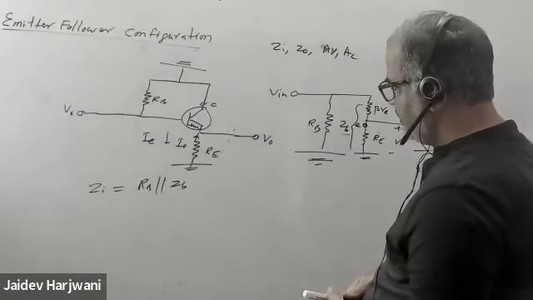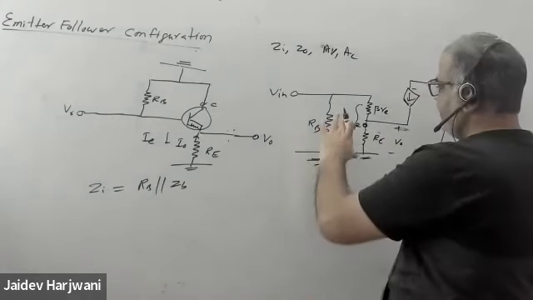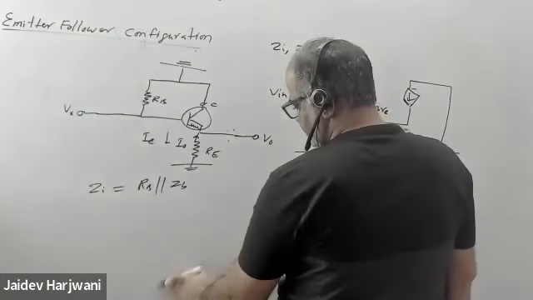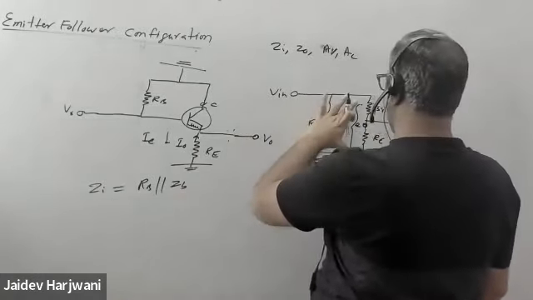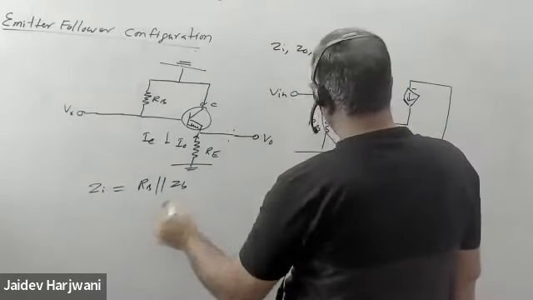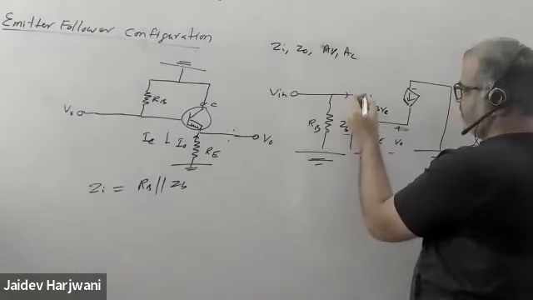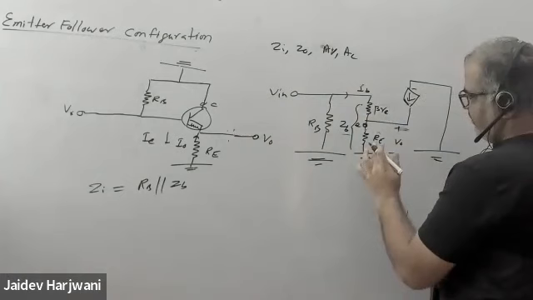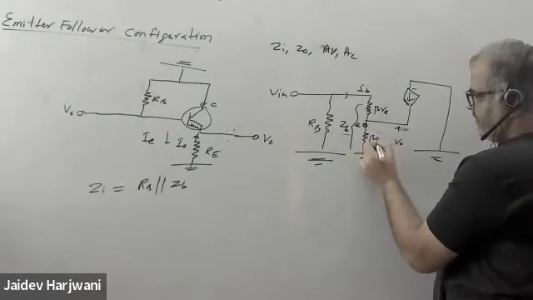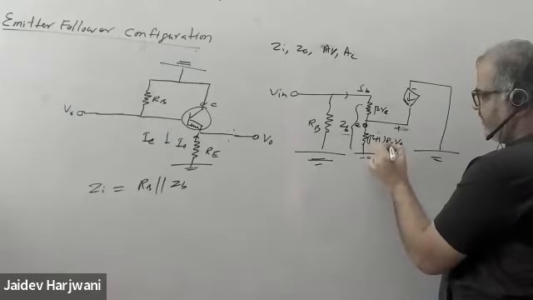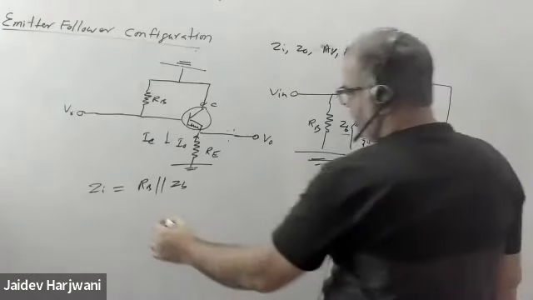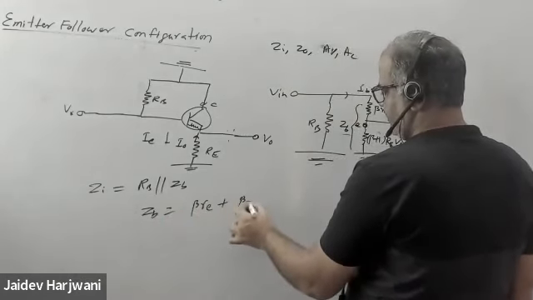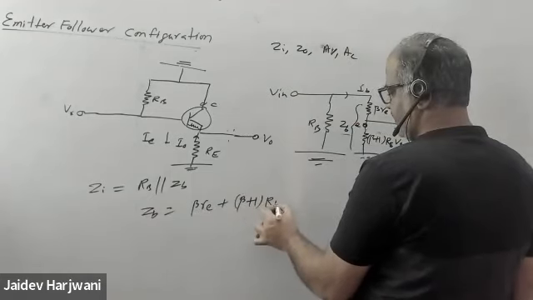Now if I want to calculate V input, so V input will be what? Here the current flowing inside is IB. So if I make this in terms of IB, I have to make it beta re plus (beta plus 1) RE, like we have done yesterday. So your Zb is basically beta re plus (beta plus 1) RE.